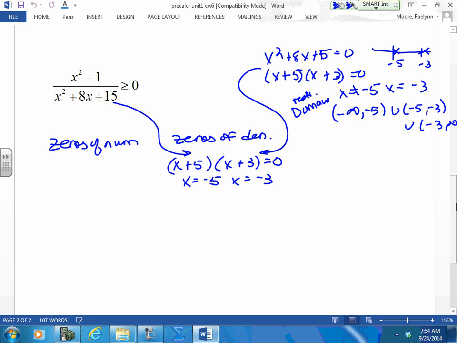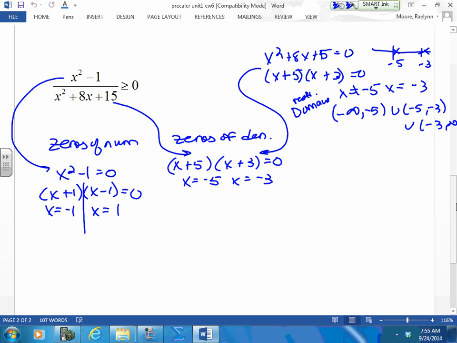Okay, so now let's do the zeros of your numerator. The numerator is this. So we factor this one. So now we have the zeros of your numerator and the zeros of the denominator, and we put this on a number line.